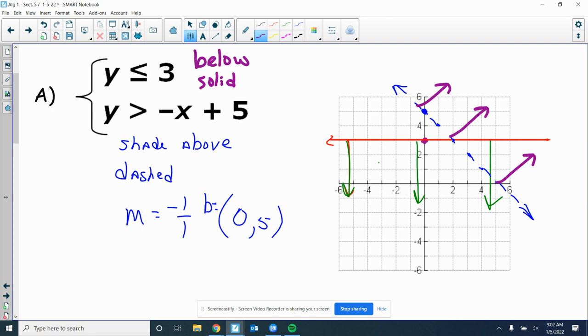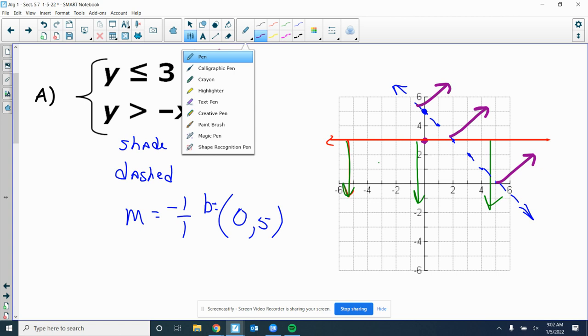Now, sometimes it gets a little tricky. Sometimes it's easy to see. I need to find the area that's true for both of them, right? So what area on this graph is below the red line but above the blue line? Do you see it? Yeah, the one that makes that triangle to the right.